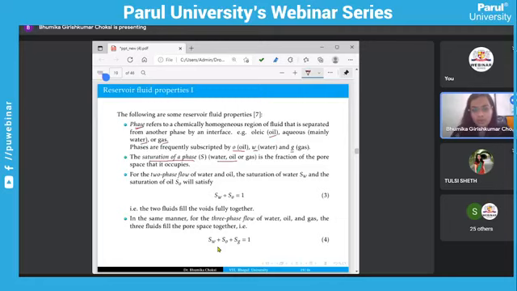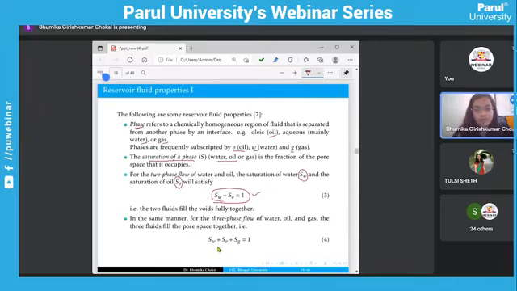So saturation of water is denoted by SW and of oil by SO. By the property of saturation, our porous medium or region is fully saturated. That means whatever phases are there, the total of the saturations will always be 1.